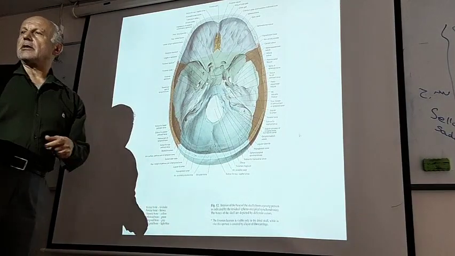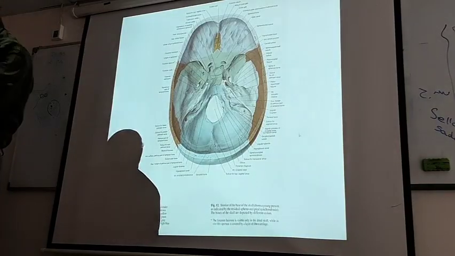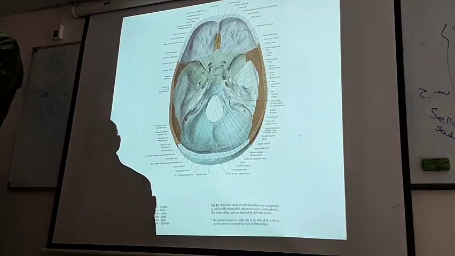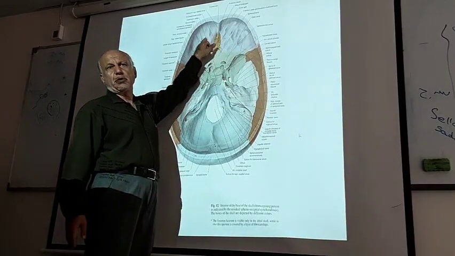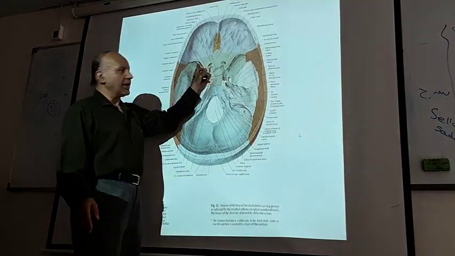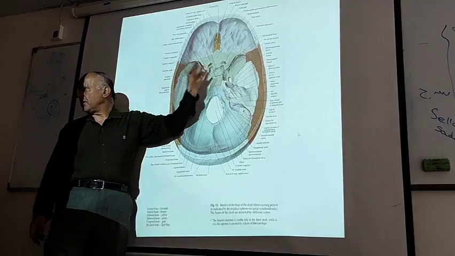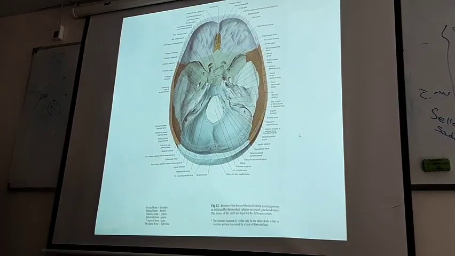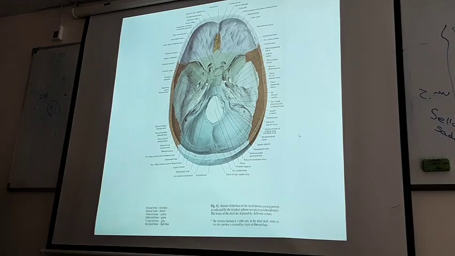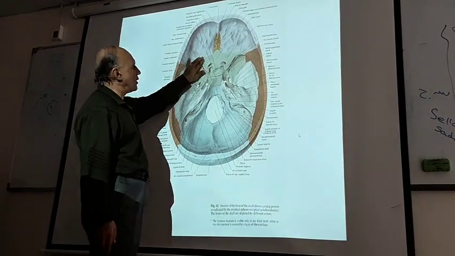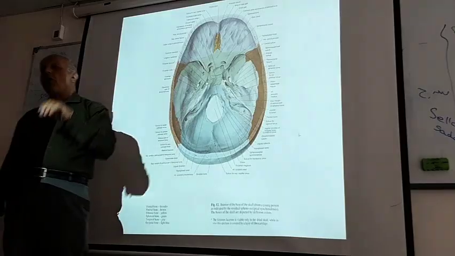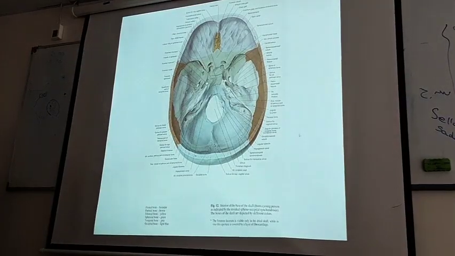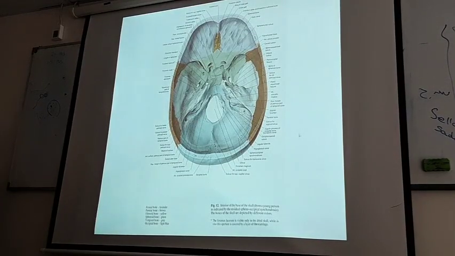Thus, the lesser wing has two surfaces and two borders. One border is the anterior border, articulated with the orbital plate of the frontal. Another border is the posterior border, not articulated with any bones, it is free. One surface is the superior surface that you can see from here. This is named the superior surface or cerebral surface because it is in contact with the brain.